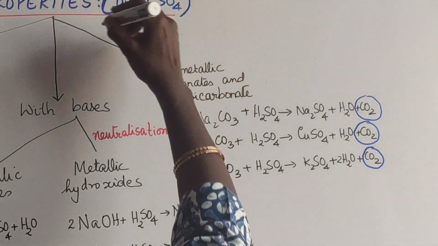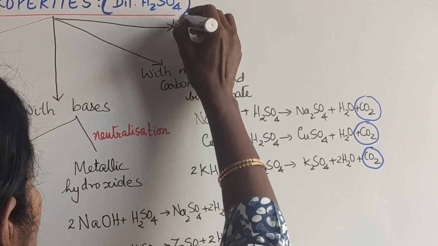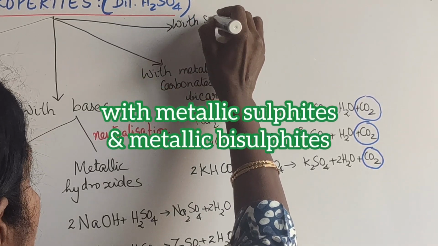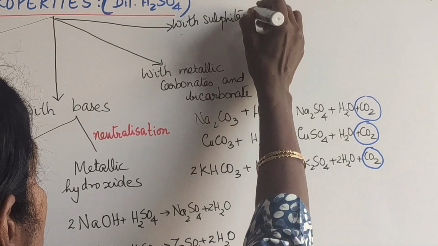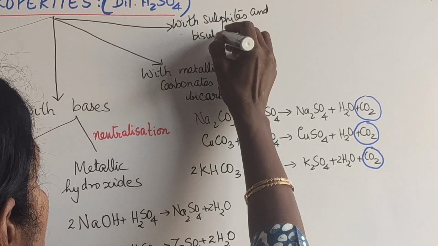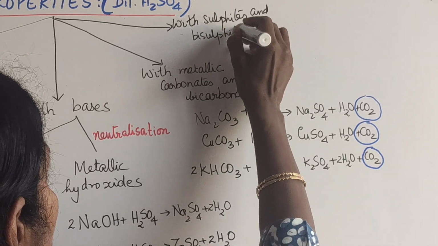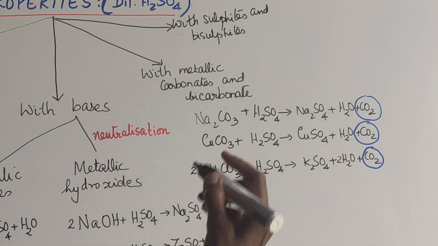With sulfites and bisulfites, dilute sulfuric acid would give salt, water and sulfur dioxide.